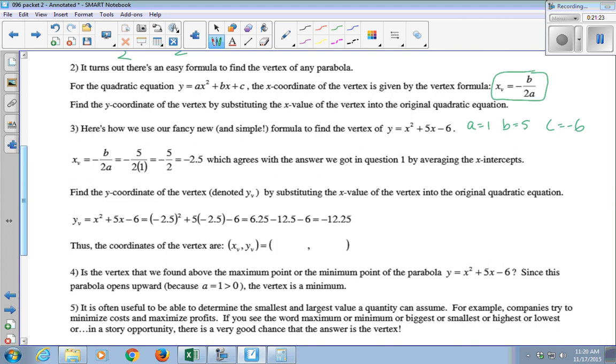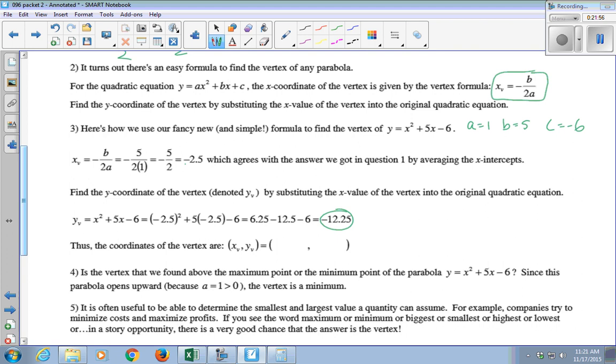And then to find the y-coordinate of the vertex, denoted y sub v, take the x value we just found, the -2.5, and plug it into your original quadratic equation. So my original quadratic is x squared plus 5x minus 6. Plug that in for all the x's. So -2.5 squared plus 5 times -2.5 minus 6, and then you can do that all out in your calculator and you get -12.25.